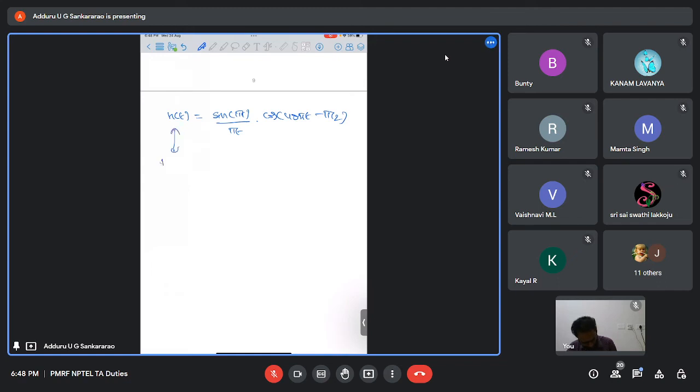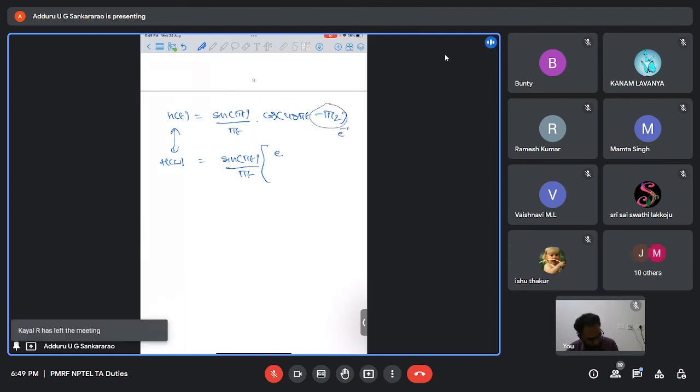For this, how can we find out the Fourier transform? I can write this as sine pi t by pi t into e power minus j pi by 2. This is the phase.